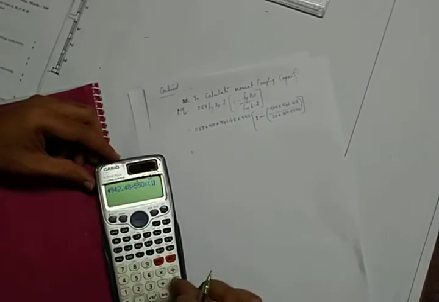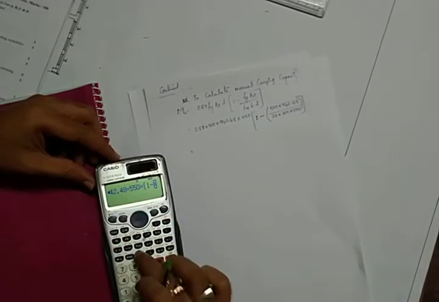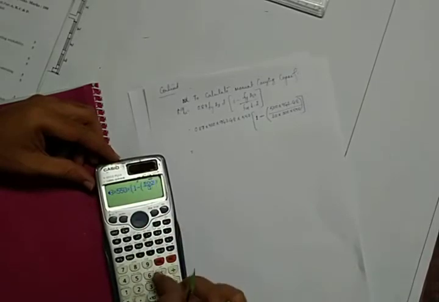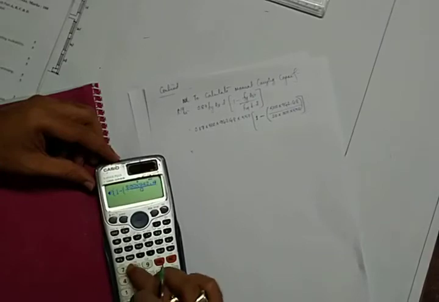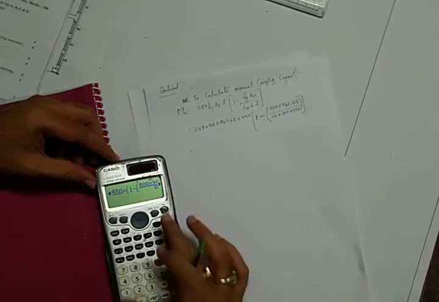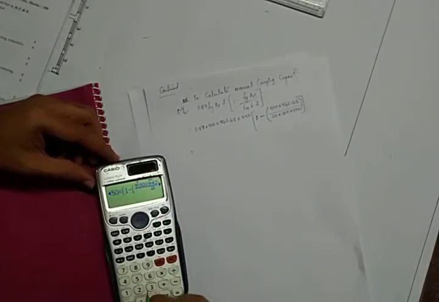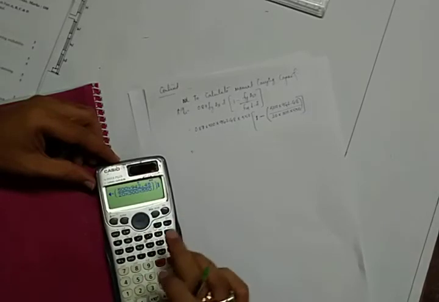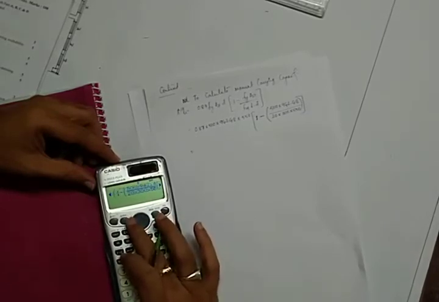So I am placing like this, 1 minus, so this can be written like this also. So don't miss the brackets. 500 into 942.48. Again, come to the denominator, 20 into 300 into 550. So close the bracket, and then close another bracket that is already open here before 1.